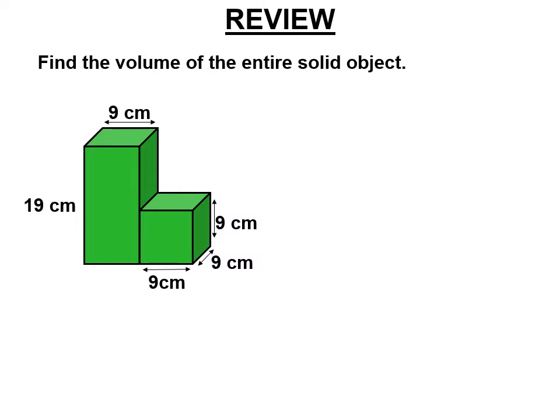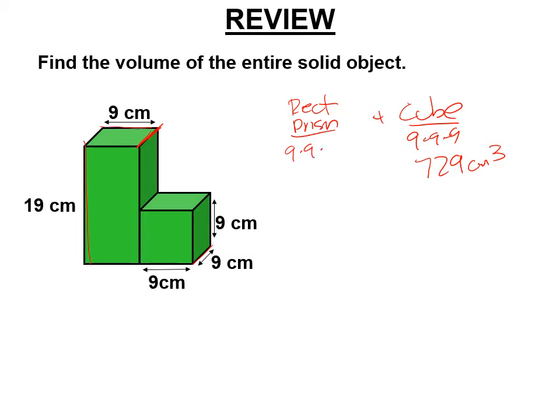Right, so I see a rectangular prism there, a tall one, and then I see a cube. We're going to add them together. Now the cube is 9 times 9 times 9, which we just did, 729 cubic centimeters here. The prism is 19 high and 9 here. What's this dimension? Oh, it's also 9. So it's 9 times 9 times 19.